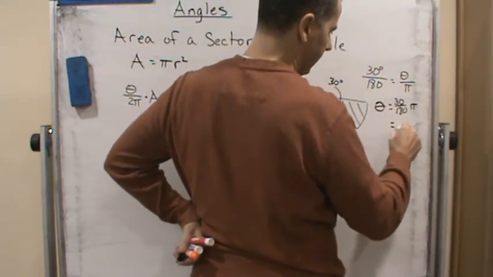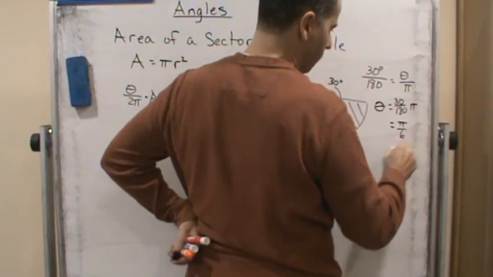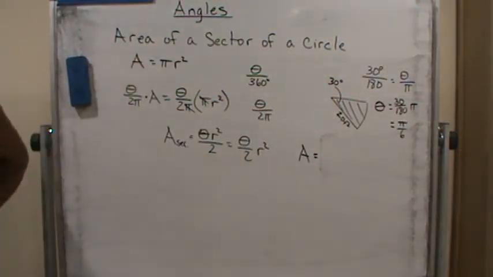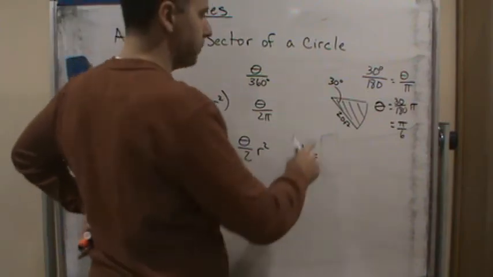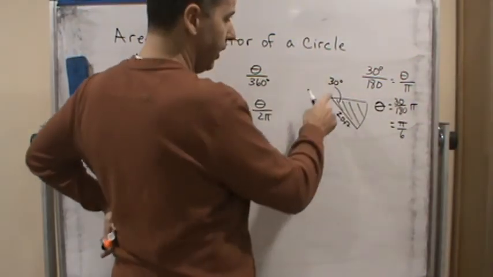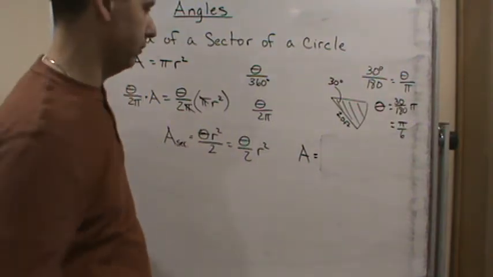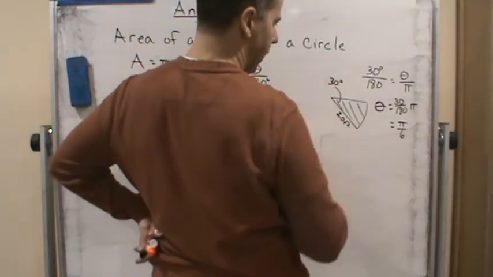So this is going to equal pi over 6. That's the measurement of the angle. But you might have already known that, just like 60 degrees is pi over 3, so 30 degrees is pi over 6.